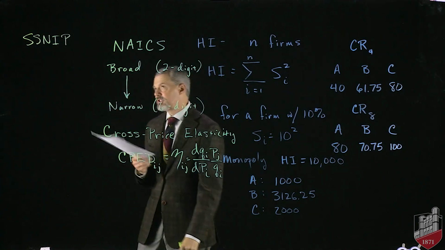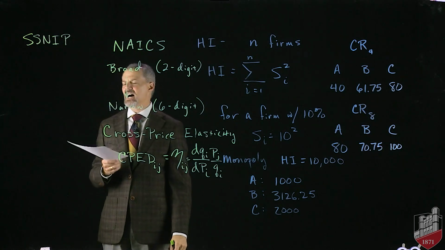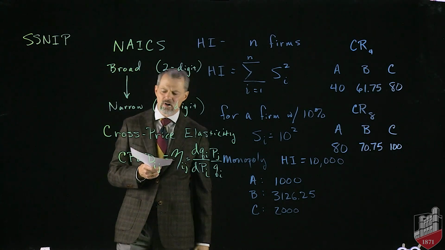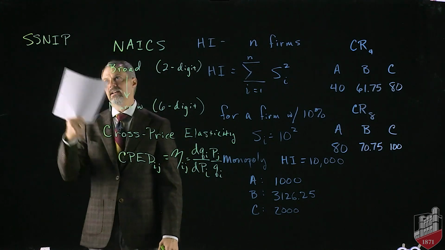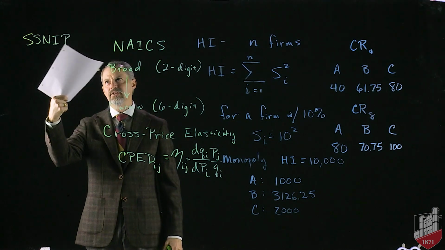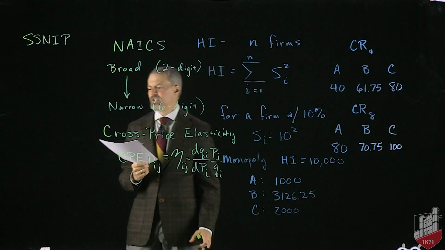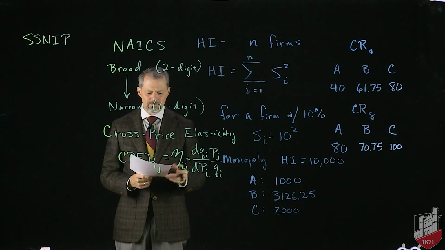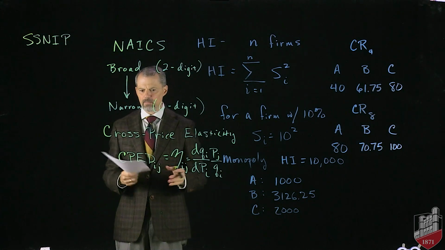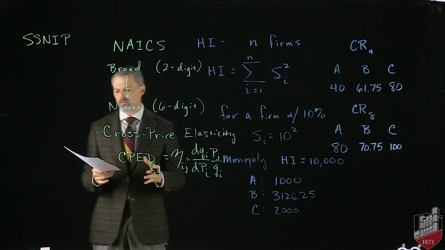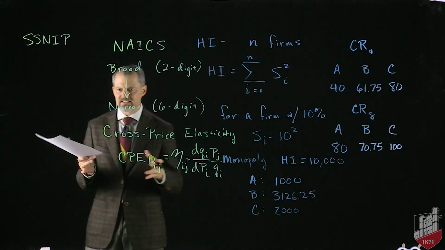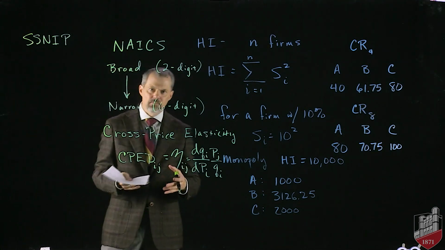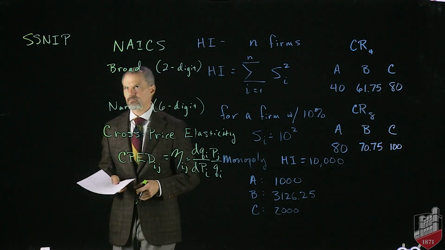That stands for small but significant non-transitory increase in price. So here's the idea. You essentially start with a narrow definition of a market. A very narrow definition of a market would be, say, grocery stores that sell natural organic foods. So something like Whole Foods.